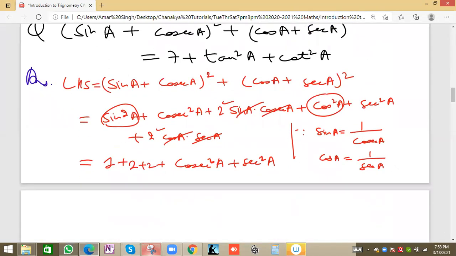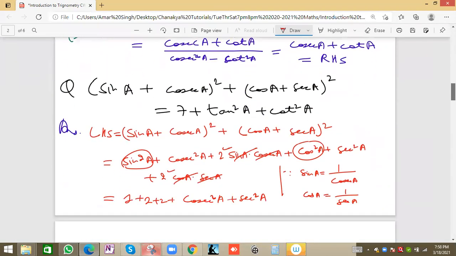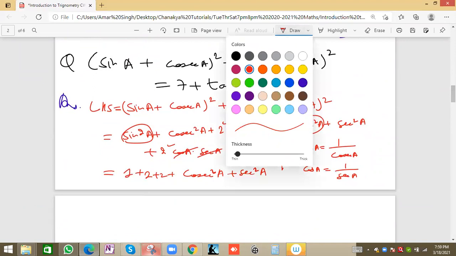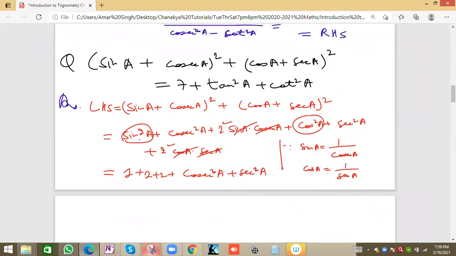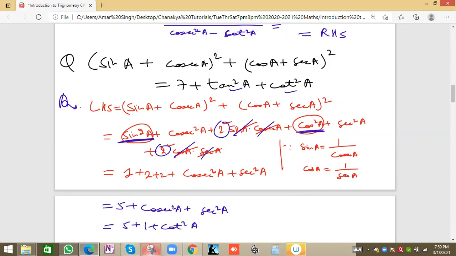So it will be 5 plus cosec square A plus sec square A, because sin A cosec A is 1, 2 plus 2 is 4, and sin square A plus cos square A is 1, so 4 plus 1 is 5. It is a simple question, they have just given it in tan and cot. So 5 plus cosec square A, which from the identity is 1 plus cot square A, plus sec square A, which from the identity is 1 plus tan square A.